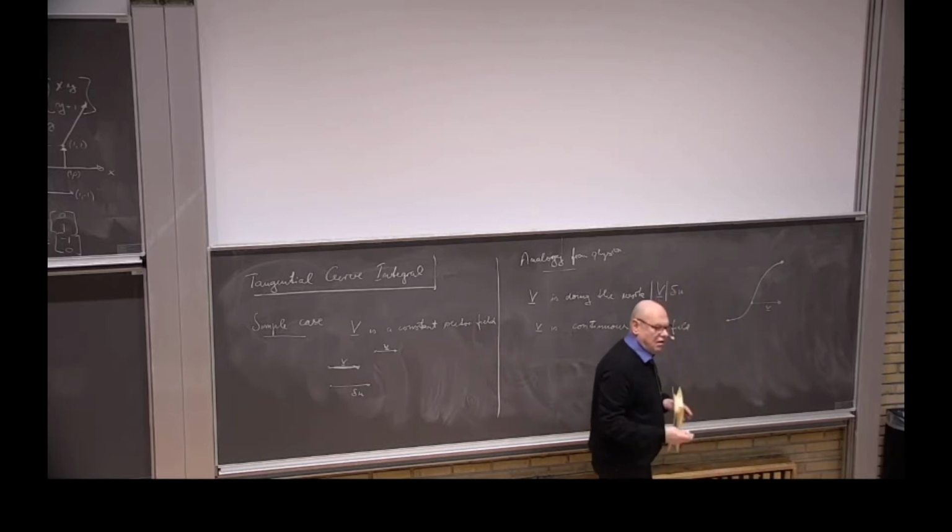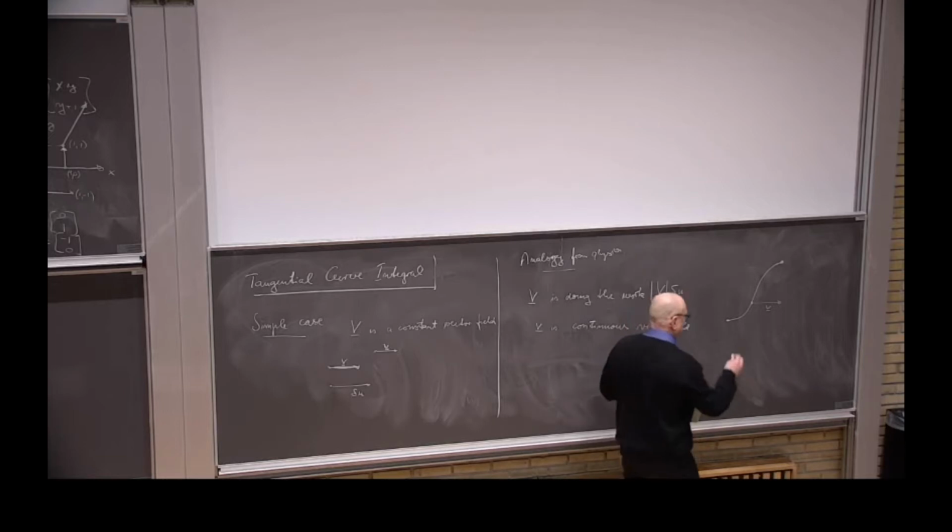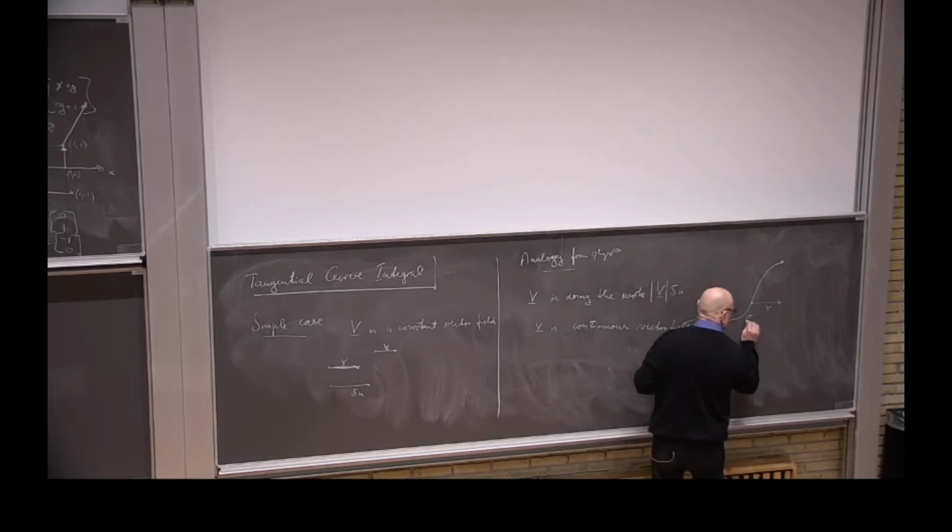Say we have a parametric representation of this curve, and normally we call that R. So this point is the value of this parametric representation. So you are at that point.